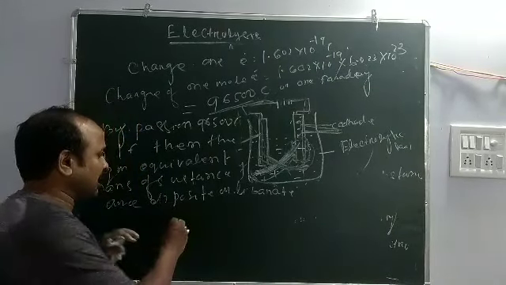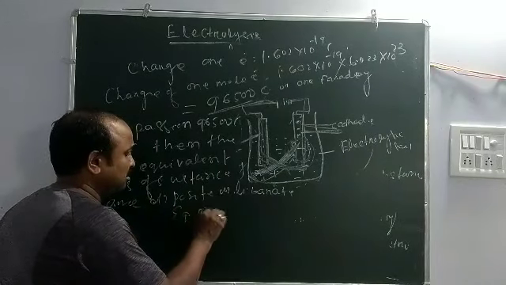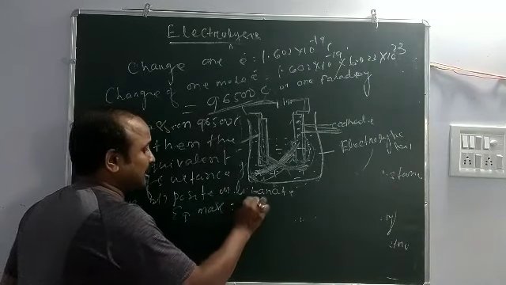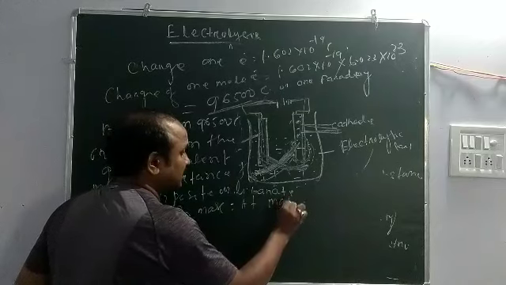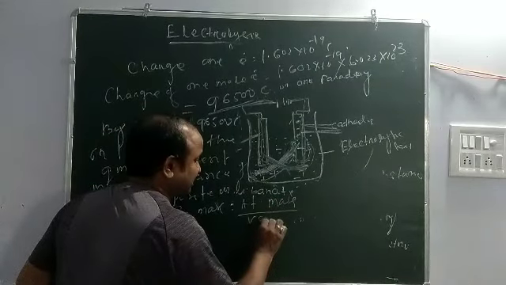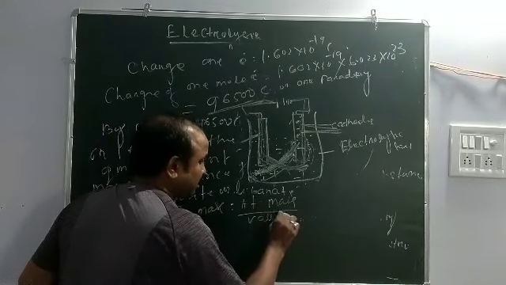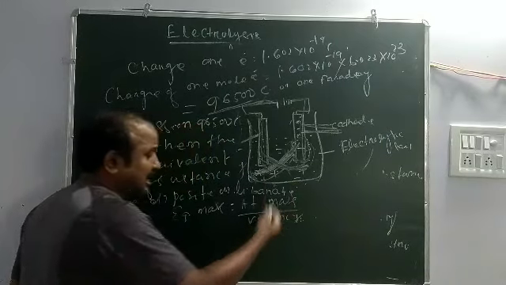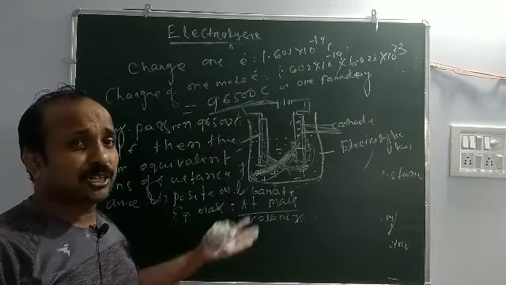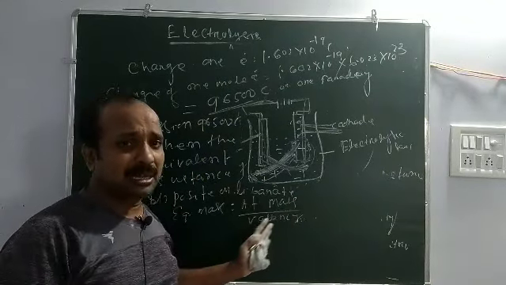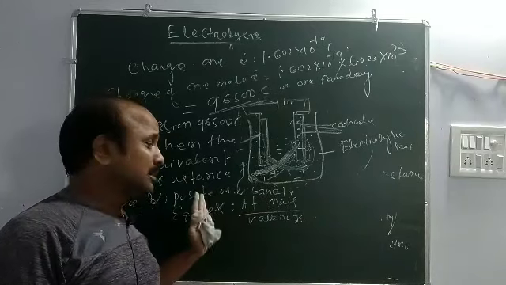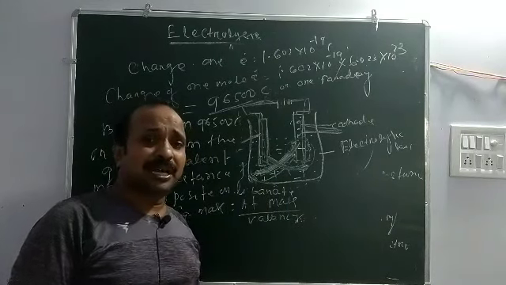How can we calculate equivalent mass? Equivalent mass equals atomic mass by valency, where valency means n factor. If acid, molecular mass by basicity. If base, molecular mass by acidity.